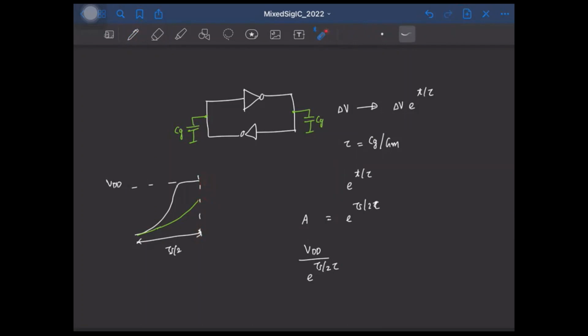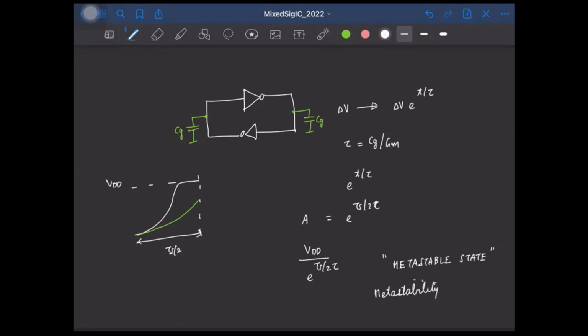Here we see that the output is neither at logic 1 nor at logic 0, right? It is stuck somewhere in between, and this is called the metastable state.